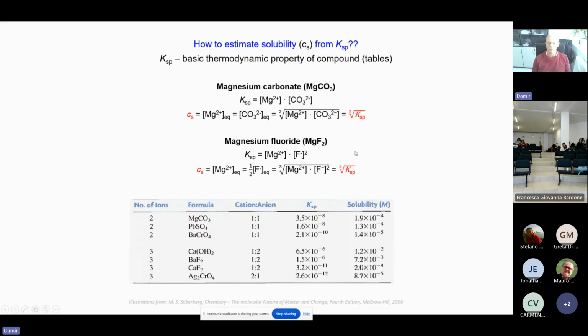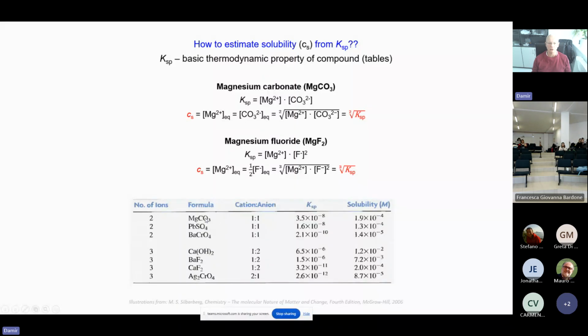All these expressions are valid for a simple system in which you introduce a salt in pure water. The following example demonstrates that solubility calculated from the solubility product can be compared only for systems that have an identical number of ions in the structure.